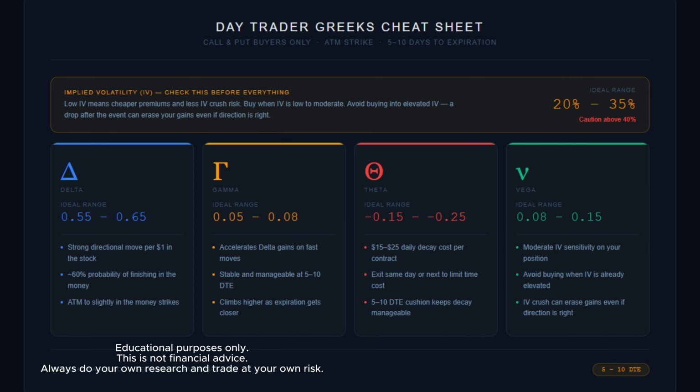Your delta, your gamma, your theta all behave more predictably with a few days of cushion. Yes, they cost a little more, but they're well worth it. If you pick the right setup and you know what you're doing, you have a high probability of cashing out that same day or the next day with those 5 to 10 day contracts working in your favor. That's the lesson.